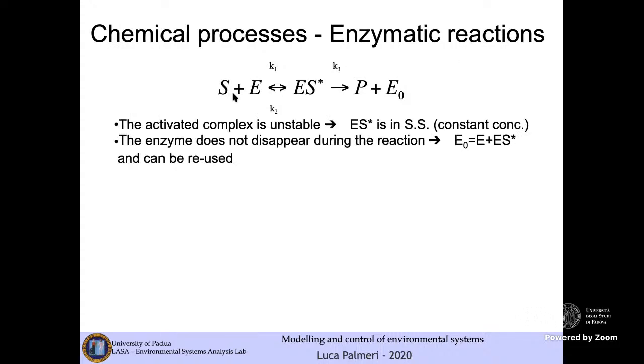The activated complex is in general unstable, meaning that when you have an ES star, as I told you, there is a high probability that the bond is split back, so that you have a kind of steady state condition in which you find constant concentration, due to the equilibrium between the two reactions, the one proceeding forward and the other proceeding backward. So the activated complex is unstable.